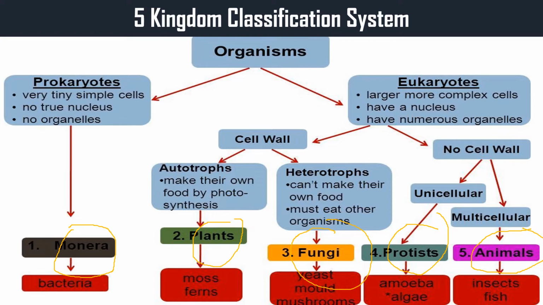This is because prokaryotes are too diverse to be grouped together in a single kingdom. These studies and others led many taxonomists to reject the five kingdom system in favor of one that divides cellular organisms into three domains. So let's look at the three domains of life.